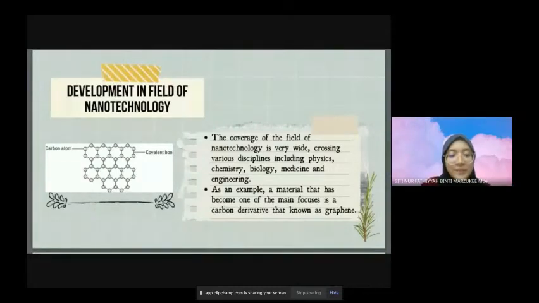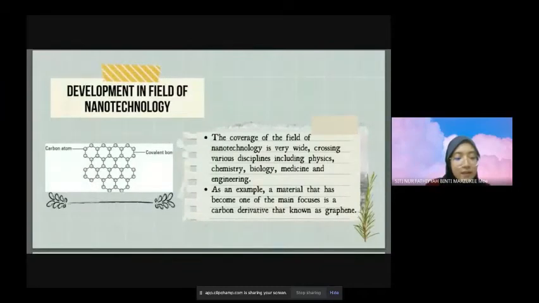Okay, sir. The coverage of the field of nanotechnology is very wide, crossing various disciplines including physics, chemistry, biology, medicine, and engineering. As an example, a material that has become one of the main focuses is a carbon derivative known as graphene. Okay, what is graphene?